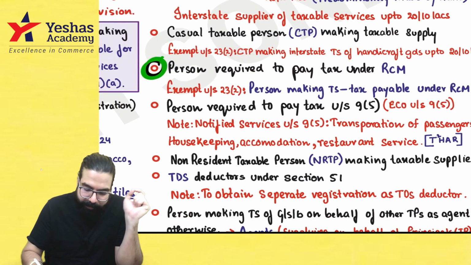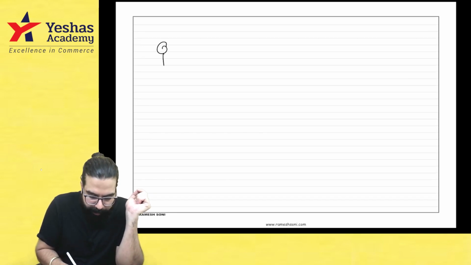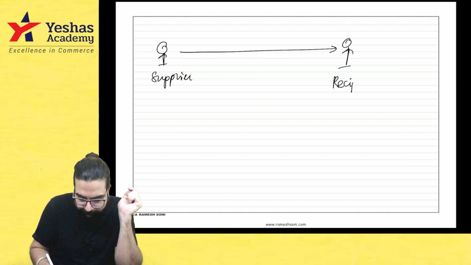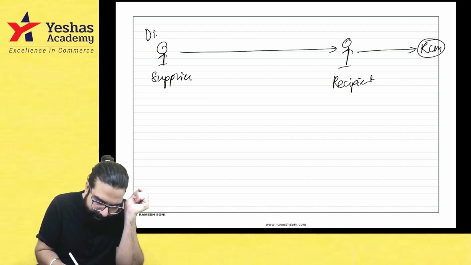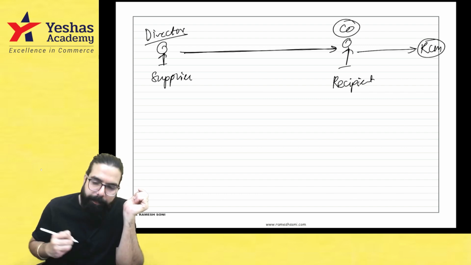They used to say that, supposing I am a supplier over here and I am doing a supply to you. You are the recipient and you have to pay GST under RCM. So, for example, one director is there and he is giving only directorial services to the company.